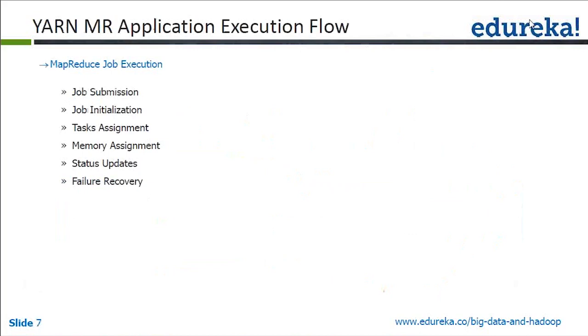Now the most important thing is who executes the MapReduce application. Who is behind executing this particular MapReduce job? The main component that controls the number of mappers and reducers is called Yarn. I will go over Yarn in detail now.